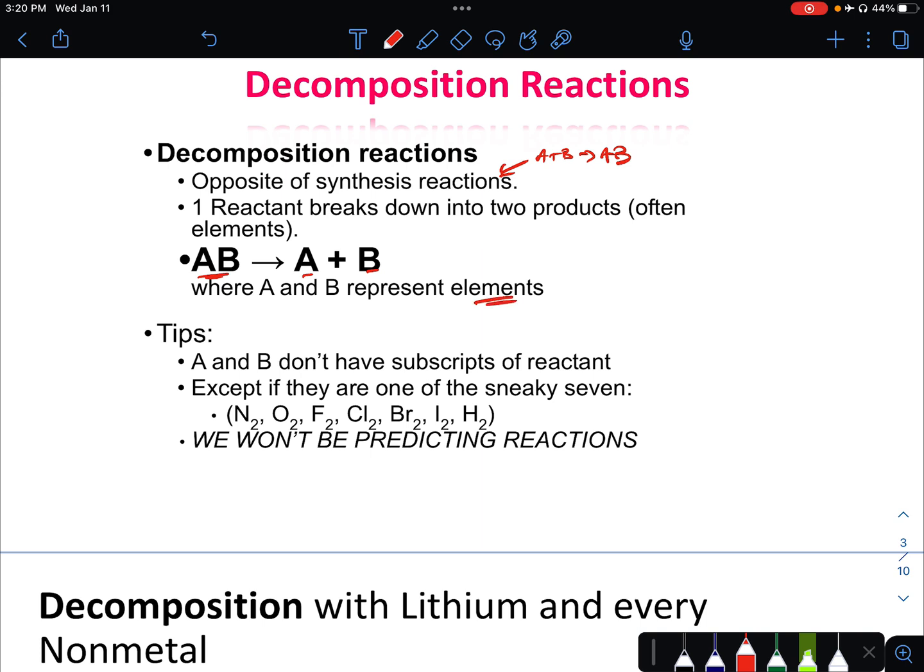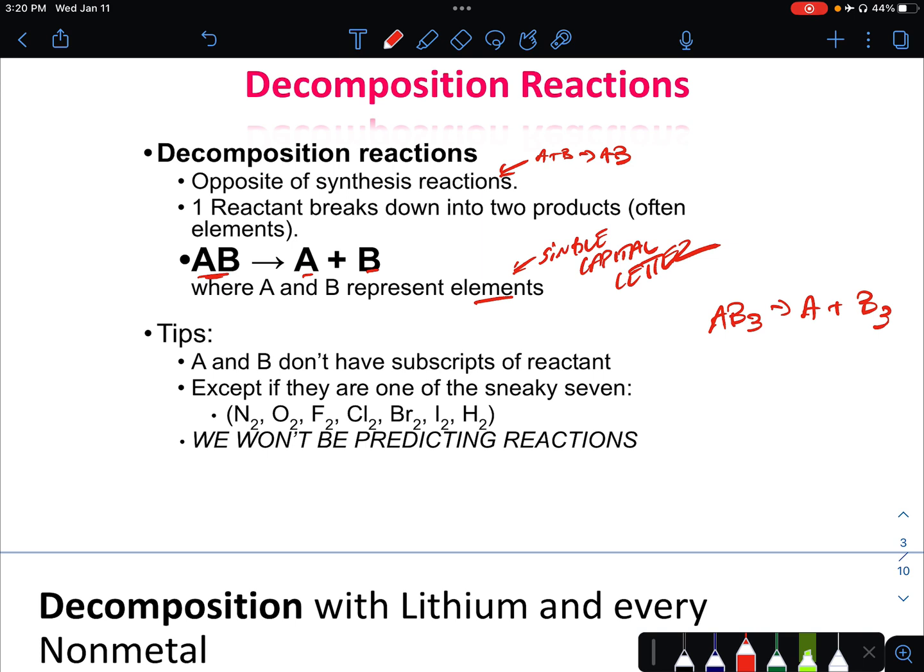So what you're going to see is just a single capital letter. And that's it. Now, A and B don't have subscripts of the reactant. So if it was like AB3, we don't go A plus B3.